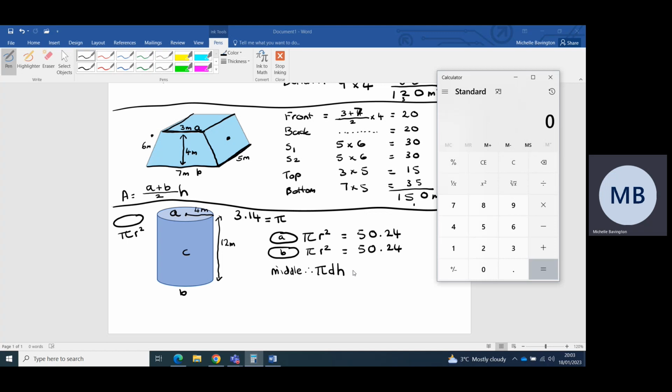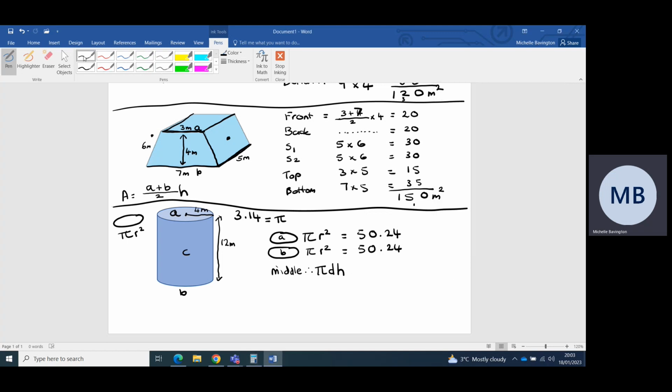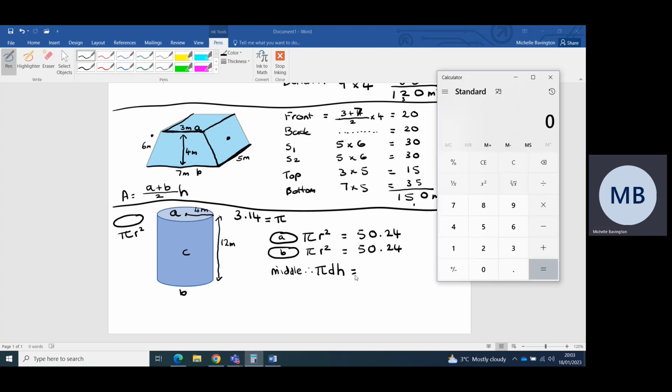Right, let's do the other bit now. Calculator. Right, pi, 3.14 times diameter. Well, if my radius is 4, my diameter is 8. It's double.